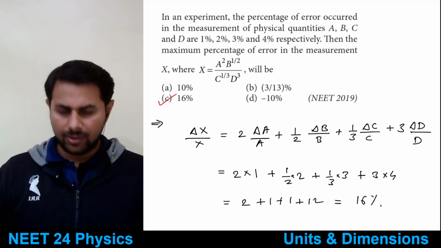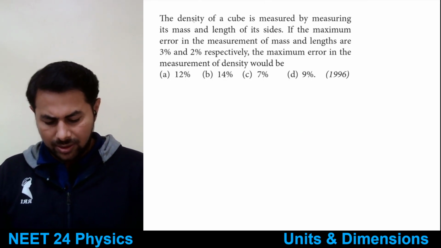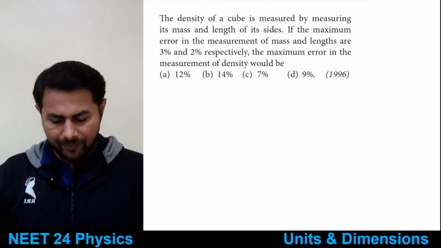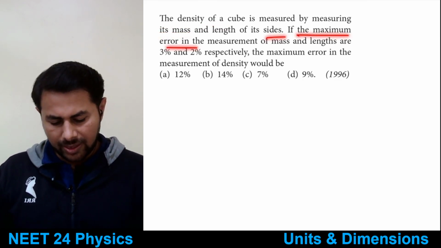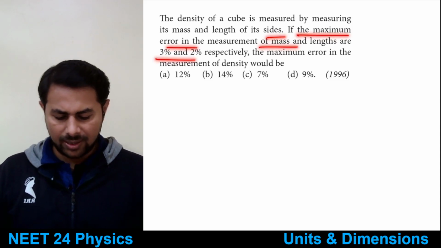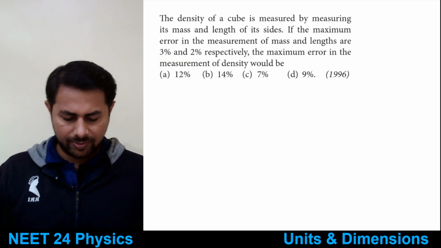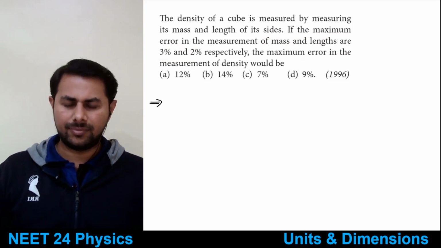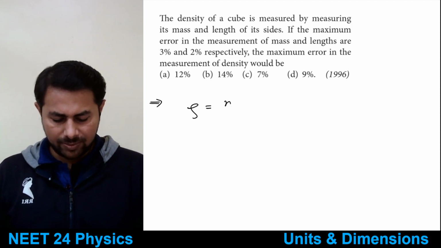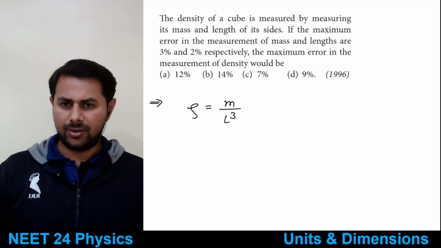Okay, good. Let's see the next one. The density of a cube is measured by measuring its mass and length of its sides. If the maximum error in measurement of mass and length are 3% and 2% respectively, the maximum error in the measurement of density would be. That is very simple. Density is mass upon volume, and volume of a cube is just L raised to 3.